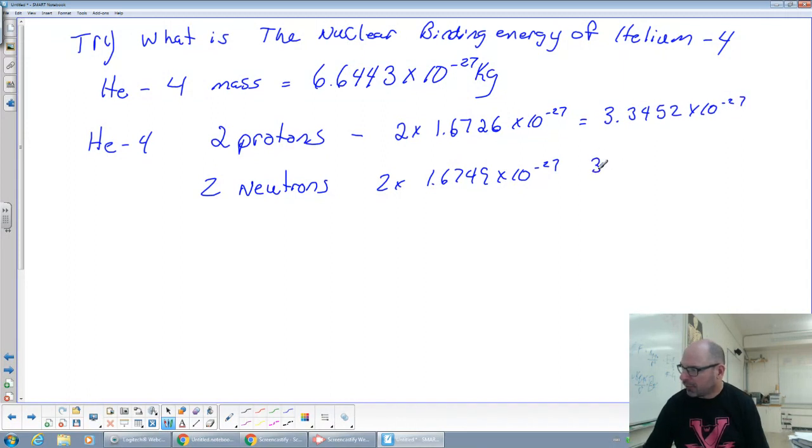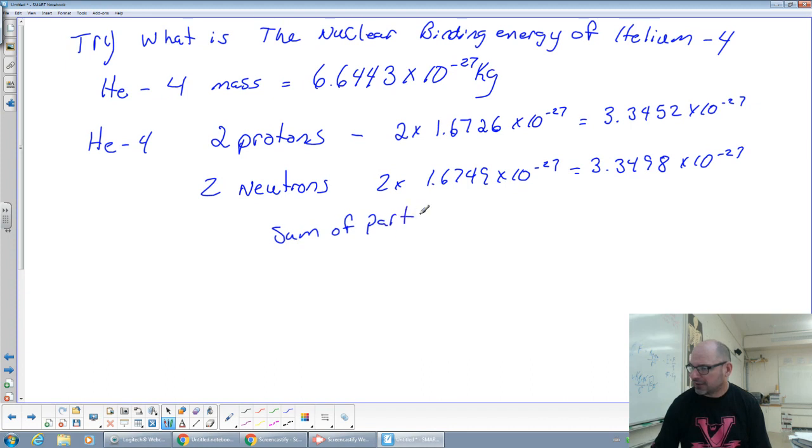And this one was 3.3498 times 10 to the negative 27. Okay, so then if we sum those, sum of the parts for the nucleus, if we total those two together, is 6.695 times 10 to the negative 27 kilograms.